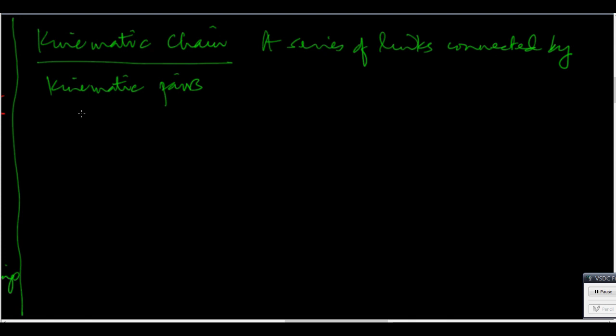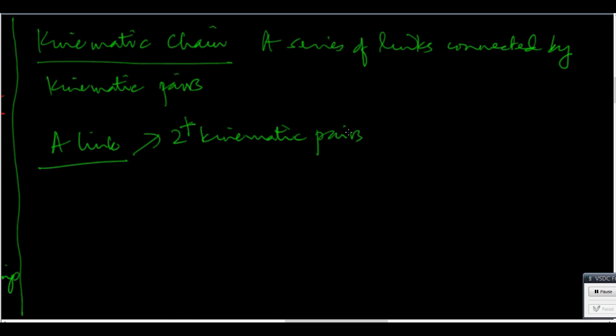Then what is a link? A link has two or more kinematic pairs, then it is a link.